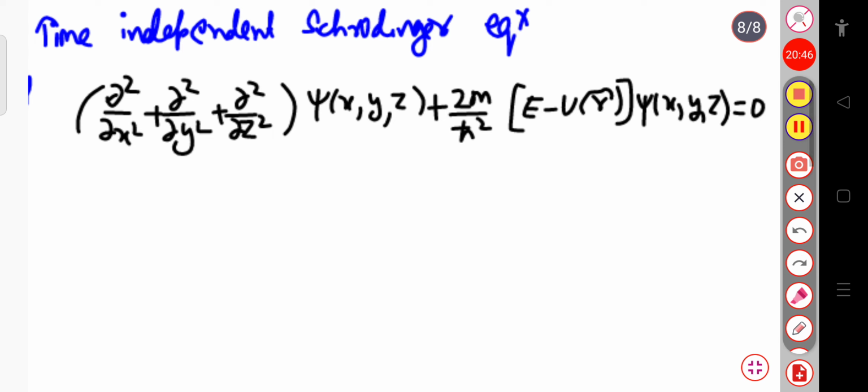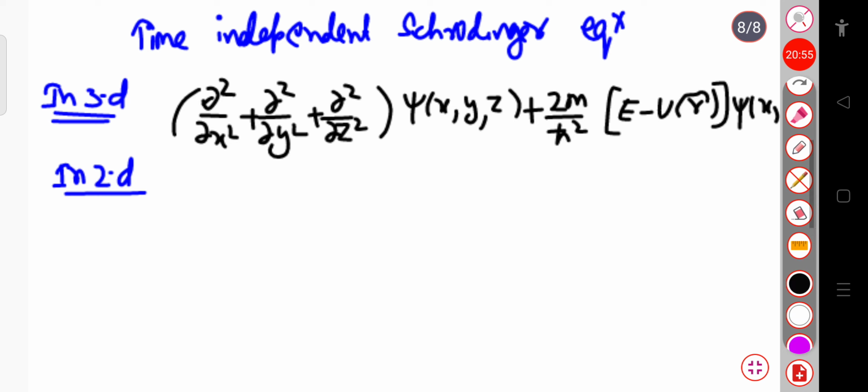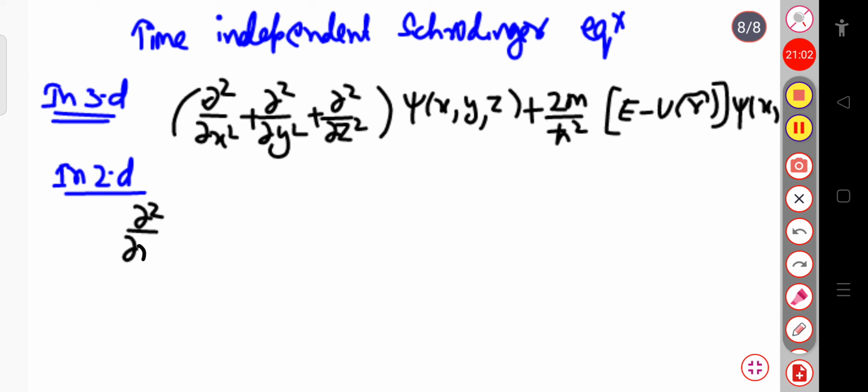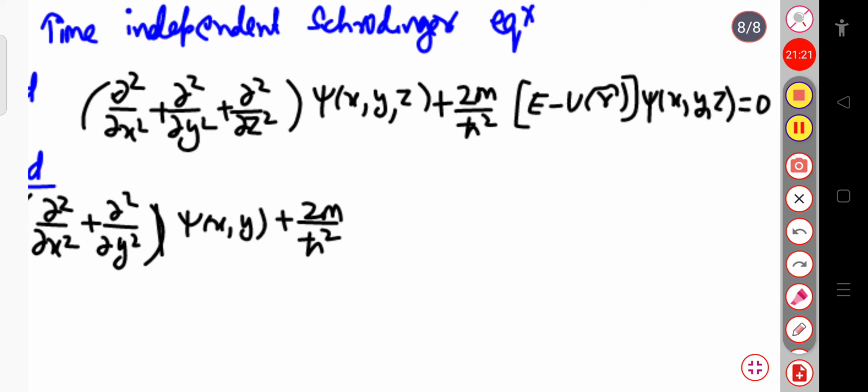Now if you write for the 2 dimension, we can write ∂²/∂x² plus ∂²/∂y², this whole into ψ(x,y), plus 2m/ħ² into (E minus U(r)), and here there are only two coordinates, so ψ(x,y), that is equal to 0.